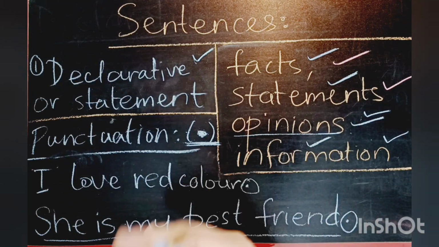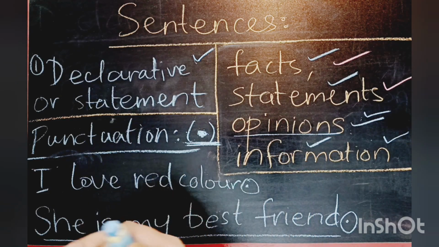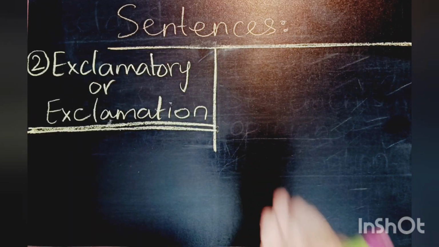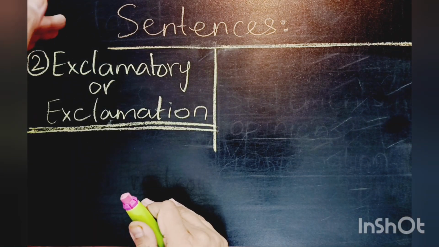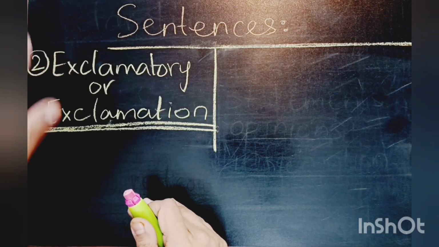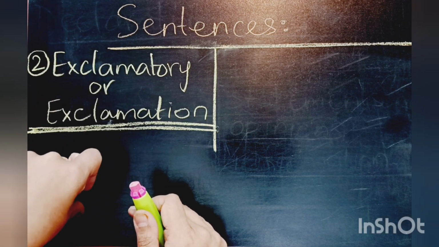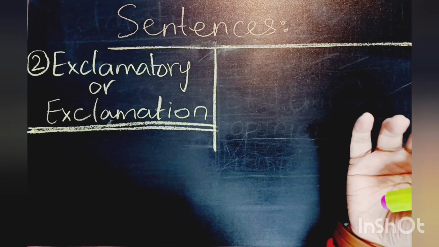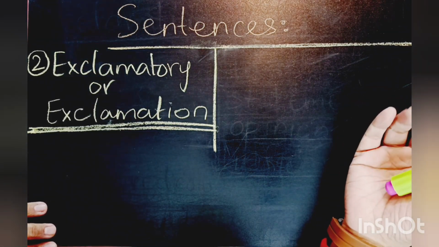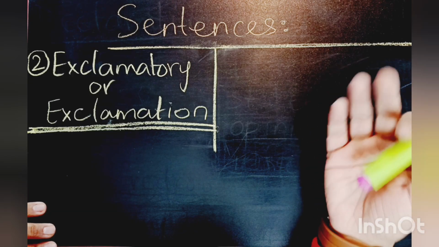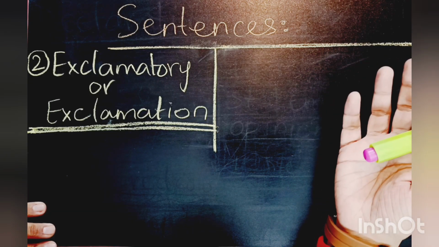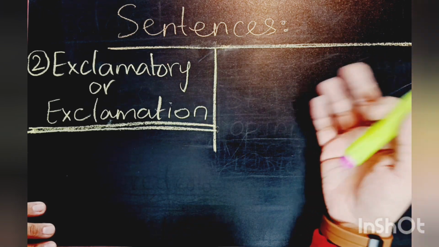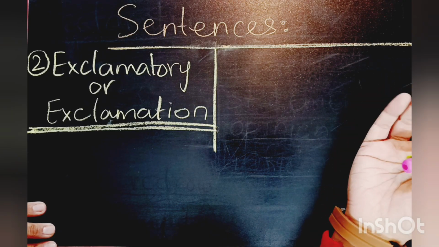Let us move towards the second type of sentences, that is exclamatory or exclamation sentences. Okay. The second form of sentences is the exclamatory or exclamation sentences. Okay, we have already done the interjections, and interjections are the shortest words uttered when a person gets into a sudden shock, be it sadness, happiness, excitement, or any other type of emotion.